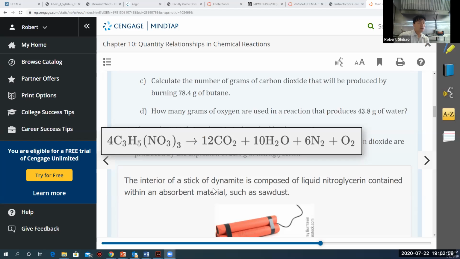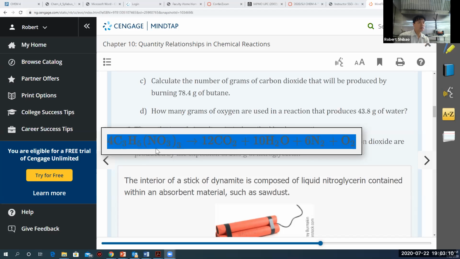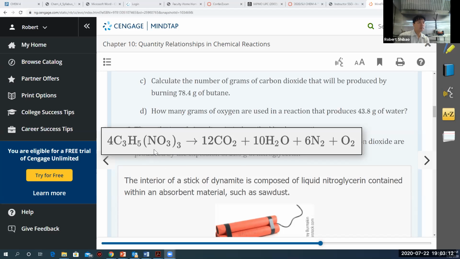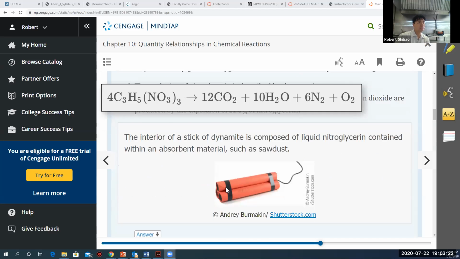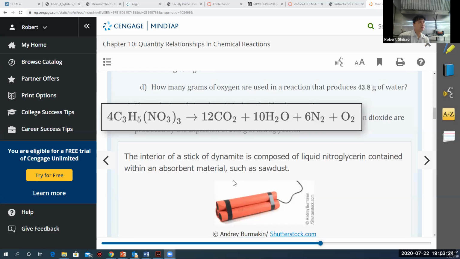And so what Nobel did was he stabilized this by adding an absorbent material, sawdust. So this is liquid, so this liquid gets absorbed into sawdust and makes it more stable. Dynamite's more stable. Liquid nitroglycerin is very dangerous. Actually, this was a blue problem.